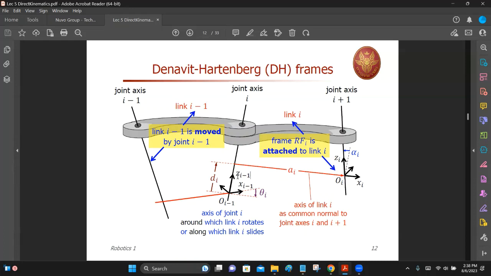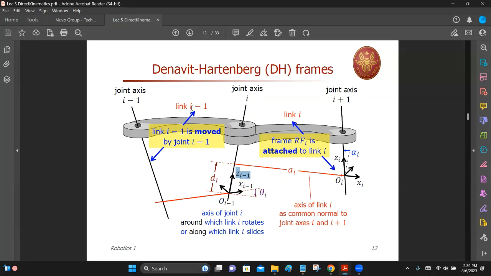At the end of the link, you have the coordinate frame. So the joint follows, the link comes after the joint. And if you look at axis I, it is z I minus 1. So sometimes you don't like this, it's a bit confusing. But this pays off. This has some advantage going forward, if you initially get adjusted to this convention.